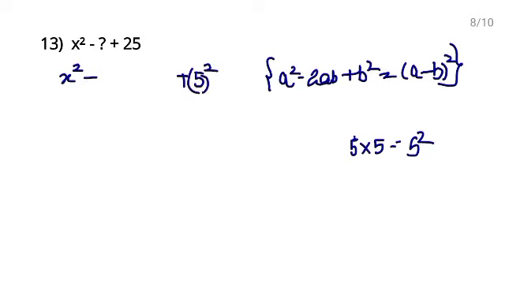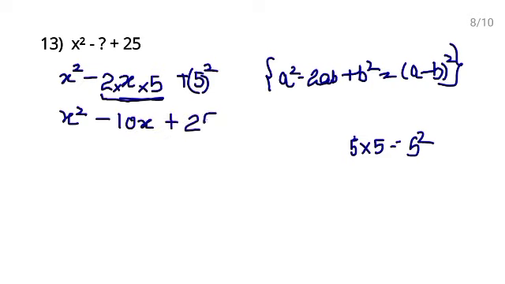And in between this should be minus 2ab, so minus is already given. 2 into a is x and b is 5. Solve it. X square minus, multiply them, 2 5s are 10x plus 5 5s are 25. They were asking about the middle term, which is question mark here. And what is it? 10x. So your answer is 10x.